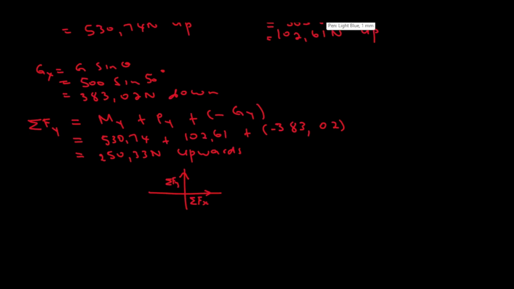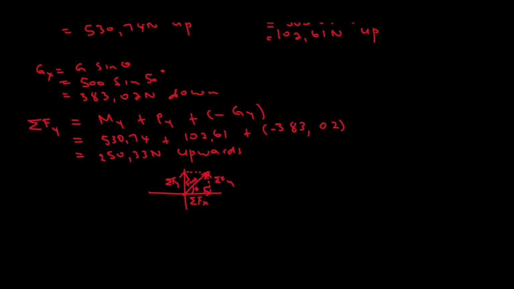We can complete the parallelogram by drawing dotted lines like this. The net force is going to be drawn from the origin as a diagonal, so we can call it F net. It is clear that this side is also the sum of forces in Y, so let me put an arrow there because it is a force also. We can put the angle theta here, and we get a 90-degree angle there.